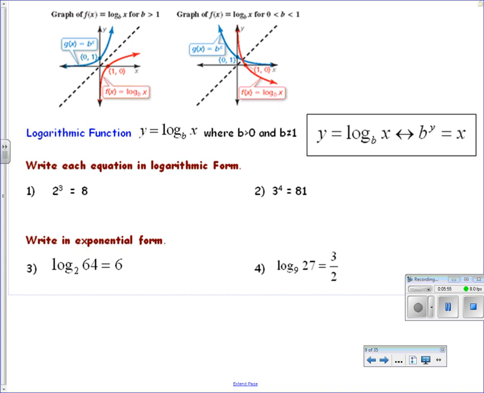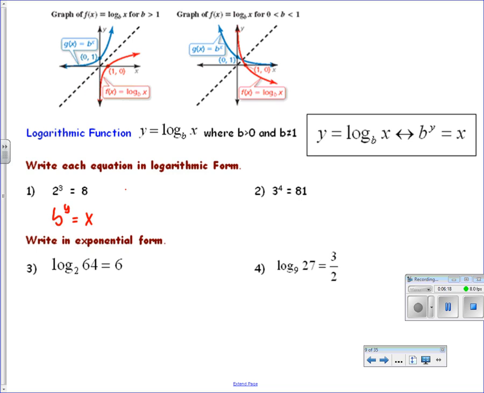For example, see how this is in exponential form: 2 cubed is 8. Let's put it into log form. If you think about this, this is b to the y equals x. Now if I look at my log equation, what number is in the y position? 3.